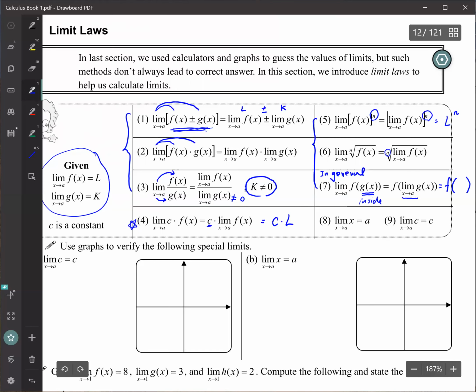Look at the left side. What's the answer for g of x? Yeah, so you're just subbing k into f. That's what it means: you find the limit of the inside function. Later we will have an example at the bottom.